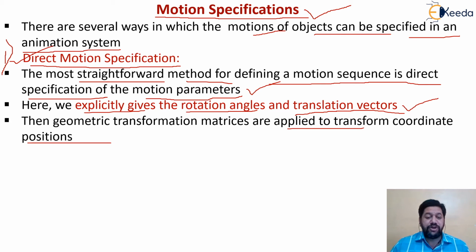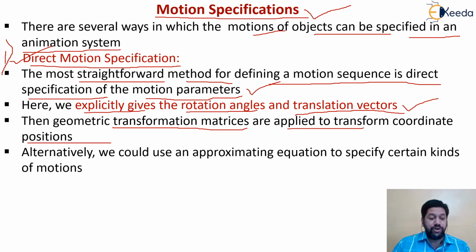Then the geometric transformation matrices are applied to transform the coordinate positions, as we have learned in 2D transformation and 3D transformation. I have to specify my transformation matrix, similar to specifying the scaling matrix, the rotation matrix, the translation matrix and so on.